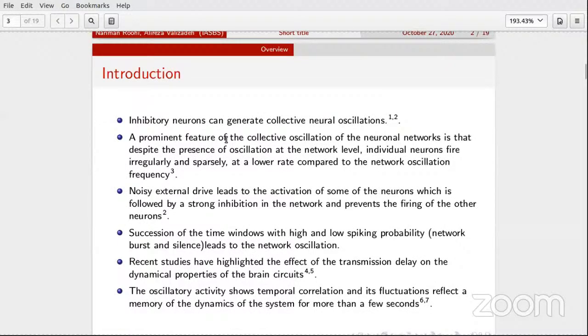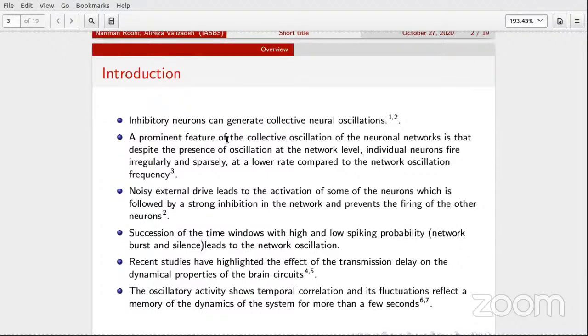We know from many research works that inhibitory neurons can generate collective neural oscillation, either by reciprocal interaction with excitatory neurons or by itself and by its intrinsic mechanism.